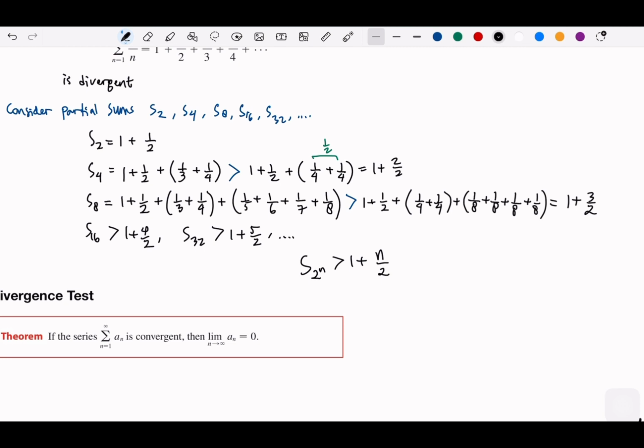It shows that when S2 to the power of n is going to infinity, then the sequence Sn is divergent. So the harmonic series is always divergent.